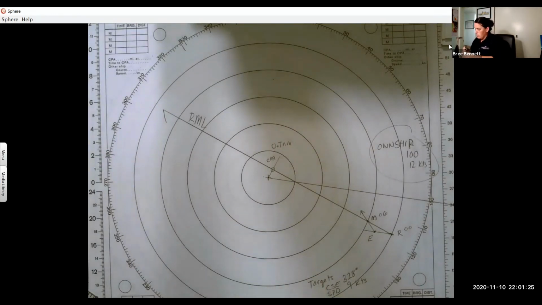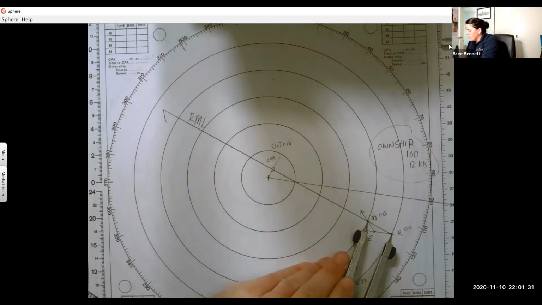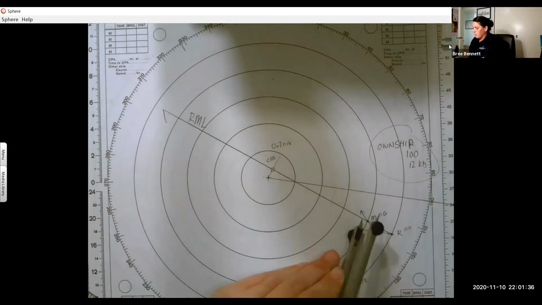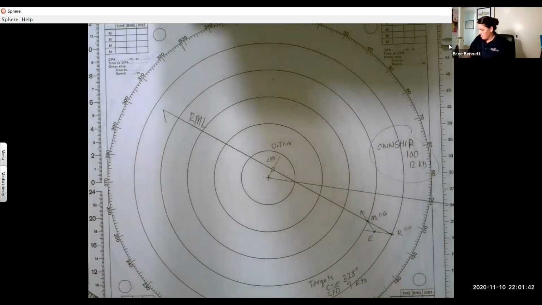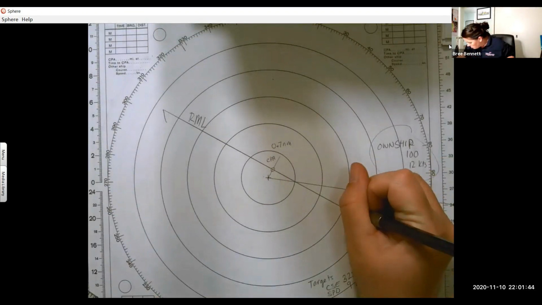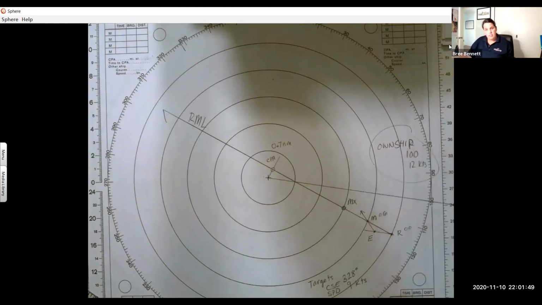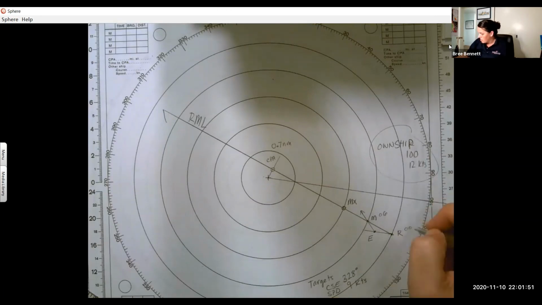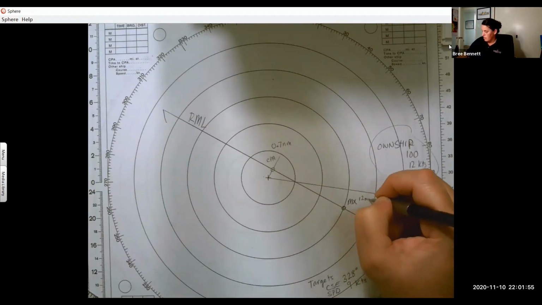So to find my MX, or my minute 12, this is 6 minutes. So I'm just gonna double that and say that this is 12 minutes. So this is my MX at minute 12. So this was 0, 6, 12 minutes.